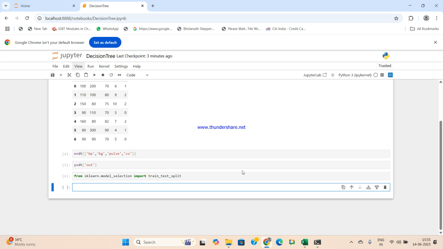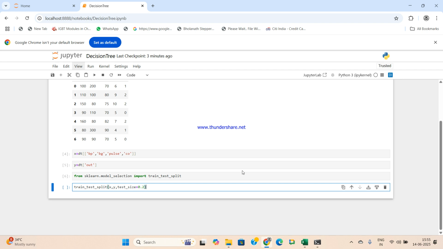The command we already know: train_test_split, then we give x and my dependent variable, and my test_size is equal to 0.2.